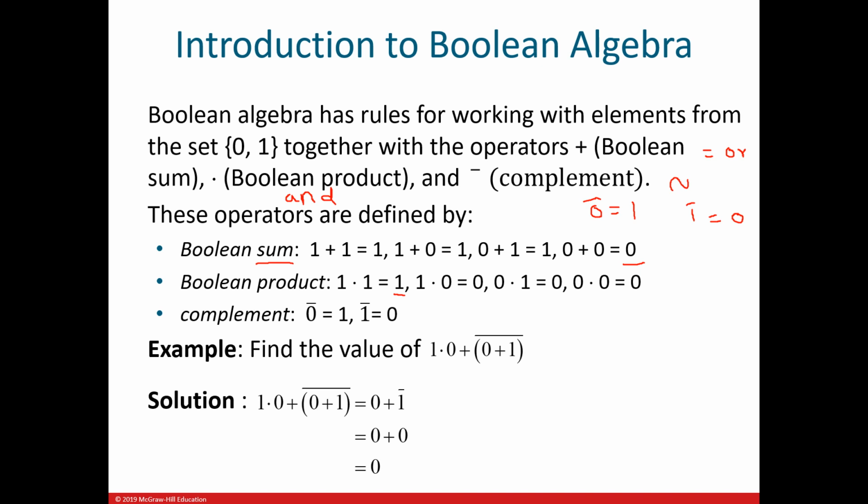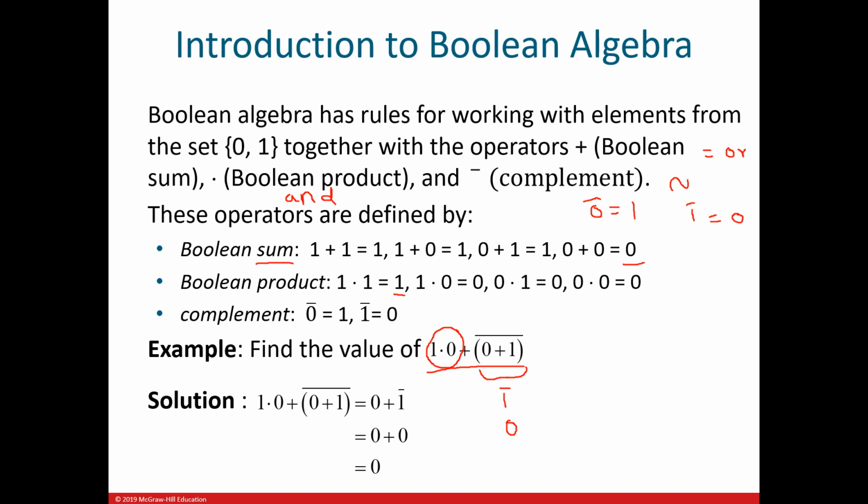So using this, can we find the value of a given equation? Now this 0 plus 1 is similar to our OR function, so the Boolean summation gives us the value 1. So this particular part gives me the value 1, and then I have the complement of 1, so this part gives me the value 0. Okay, how about this part? 1 product 0. For a product to be 1 we need both values to be 1.